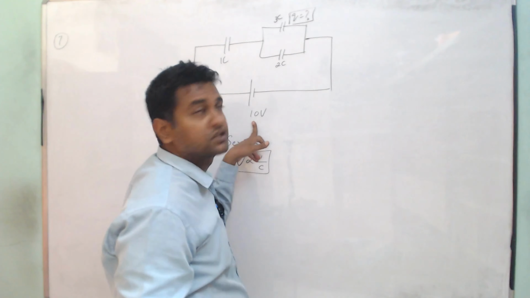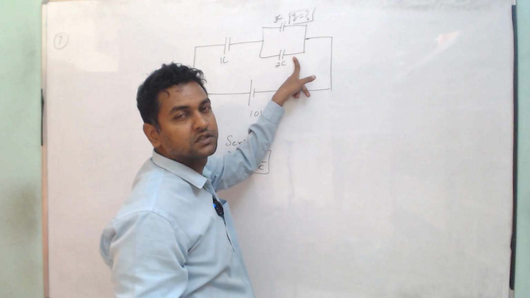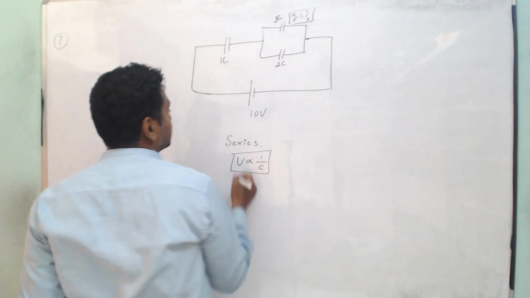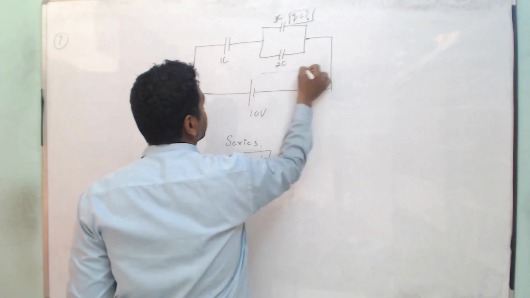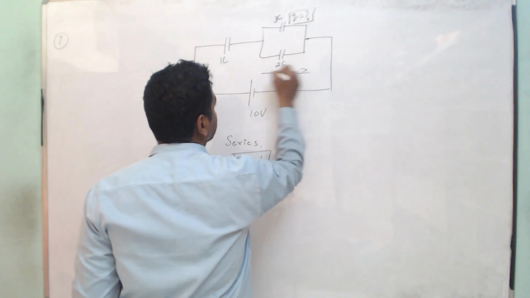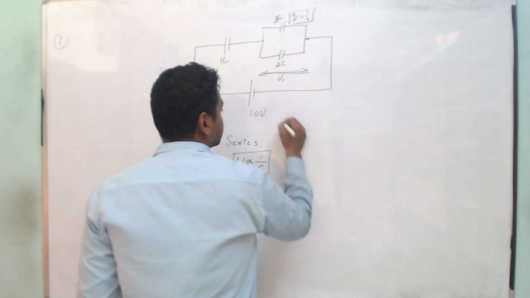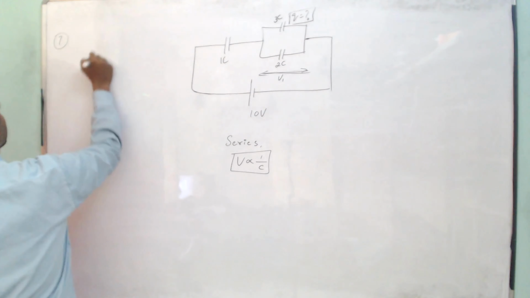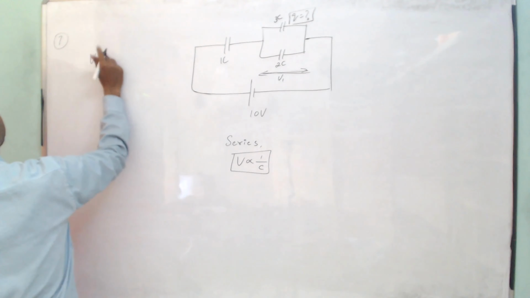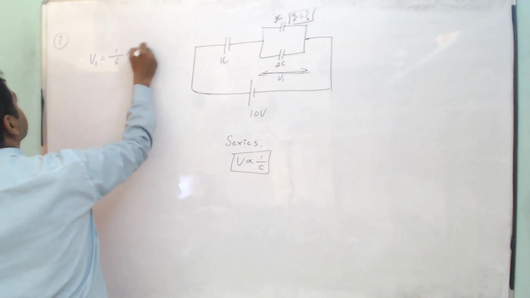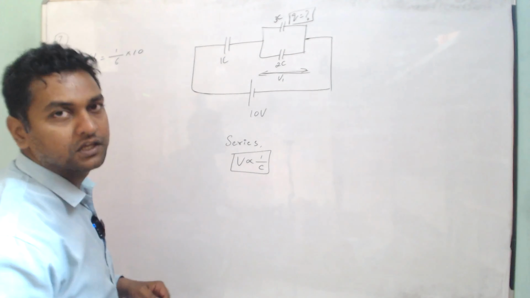5:1 of potential, but I'm interested about this. 1 by 6th of the potential. Let the potential difference across this be V1. So V1 is equal to 1 by 6th of 10 volts, 5 by 3.